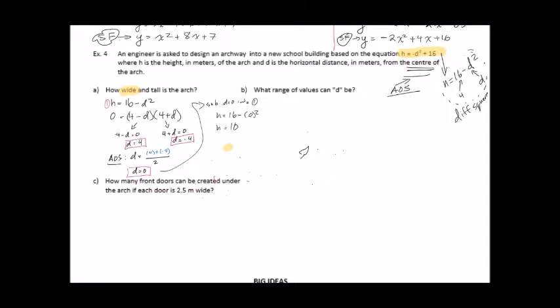So, based on all that information that we just calculated, we have the following information. If we want to find the distance between D is 4 and negative 4, that horizontal distance is going to be 8 meters.